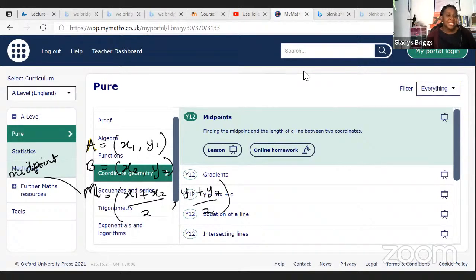Okay, that is the formula for working out the midpoint of any line segment if you know the coordinates of the endpoints.